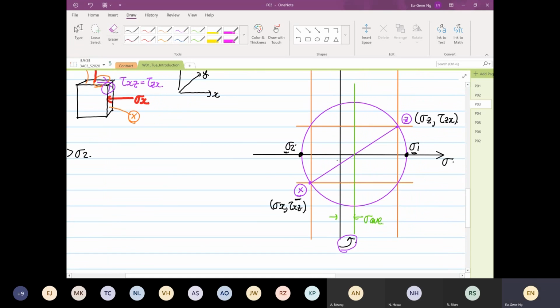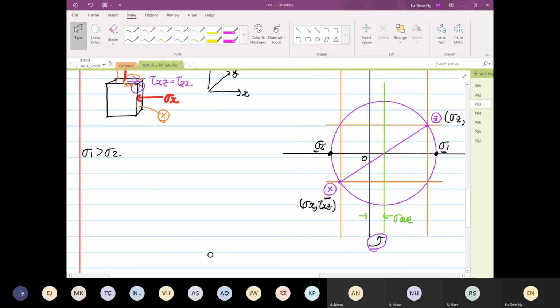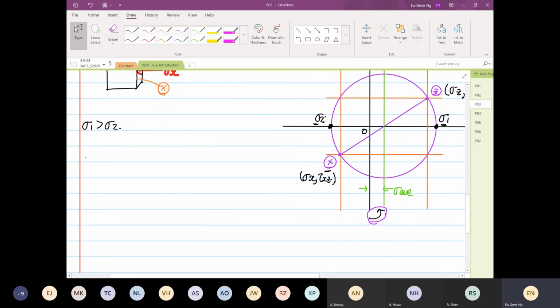So this is our 0 point. No? Okay, so stress 1 and stress 2 are known as the principal stresses.